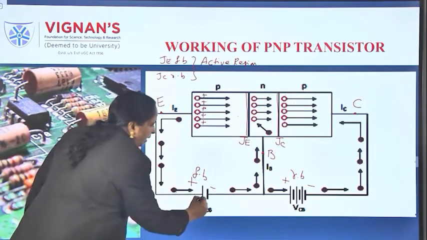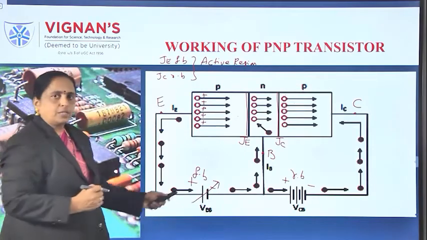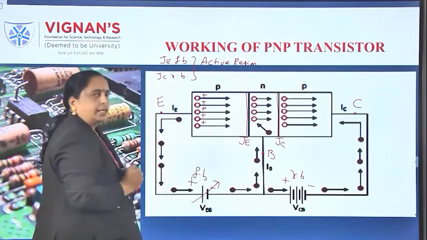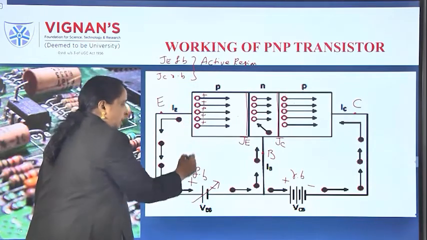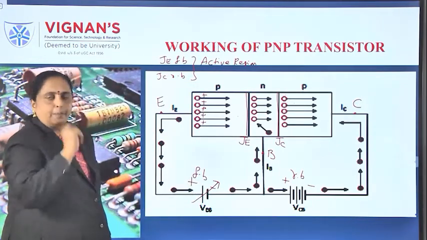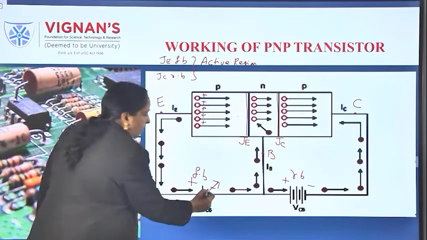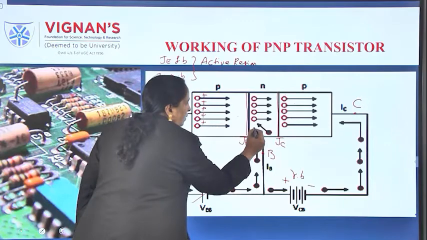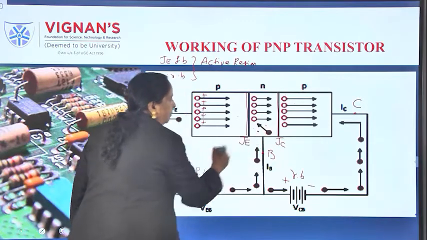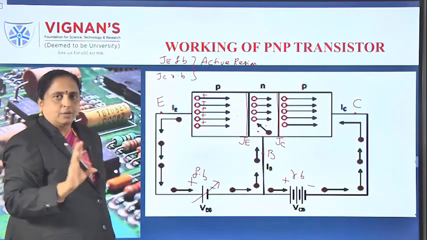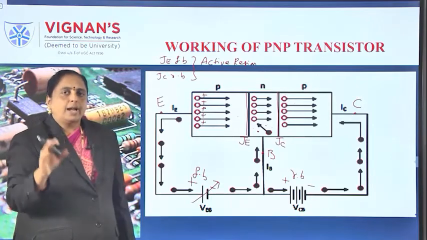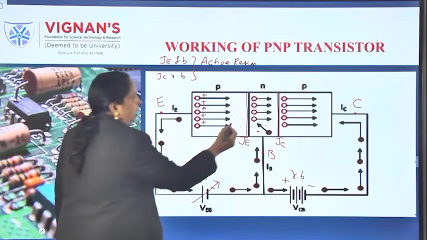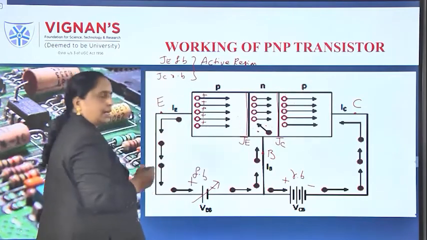Therefore, whenever you increase the forward bias, the holes are pushed towards the emitter junction. At the same time, look at the electrons in the N material. Electrons are majority charge carriers in the base, but they are very few in number because the base is lightly doped and very thin or narrow.